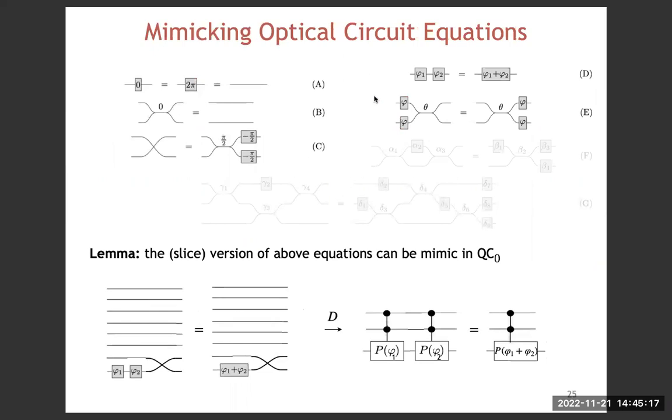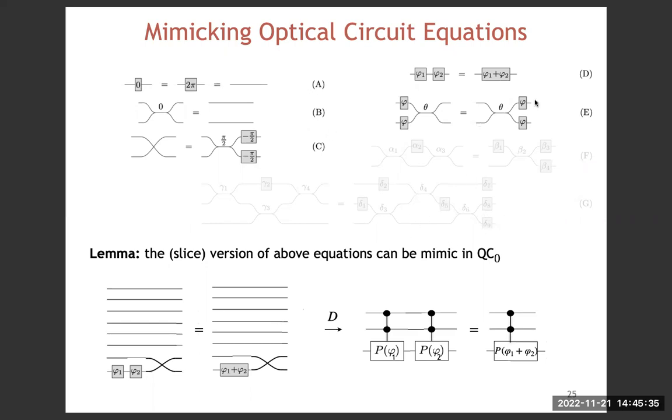Here I remind you the set of equations on optical circuits. Now we are going to consider these equations from A to E, and we'll talk about these two later on. So that's why we cannot really see them.